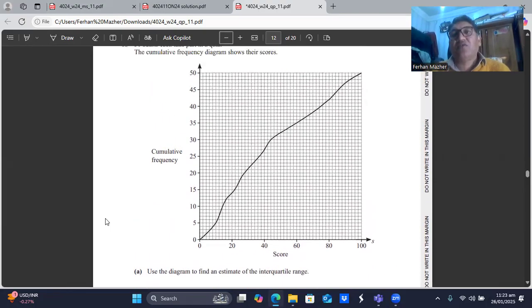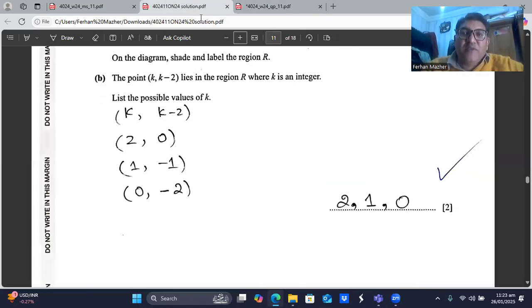If you want to find the interquartile range, you need to find the upper quartile, which is Q3, and the lower quartile, which is Q1. Then from Q3, you subtract Q1, and this gives you the interquartile range. So how do you find Q3?